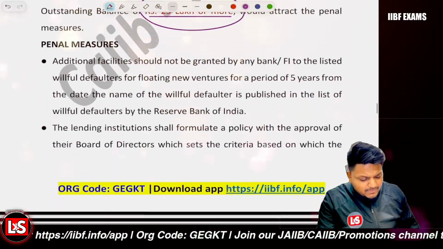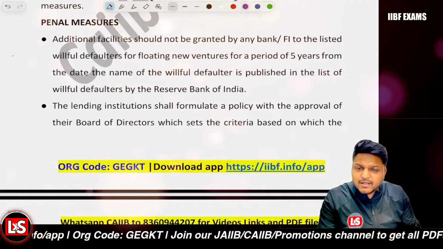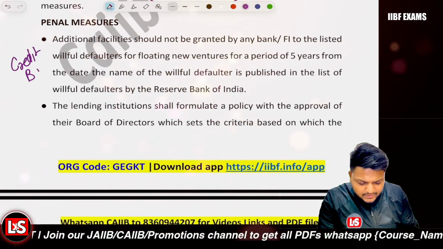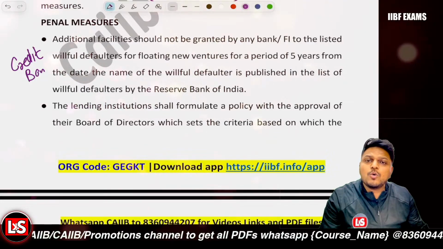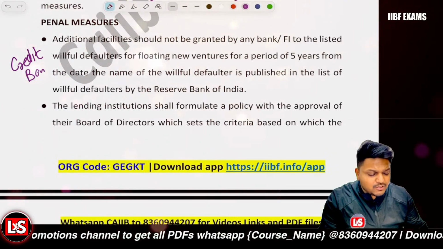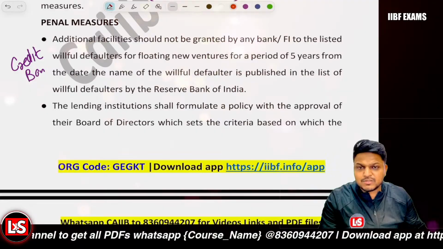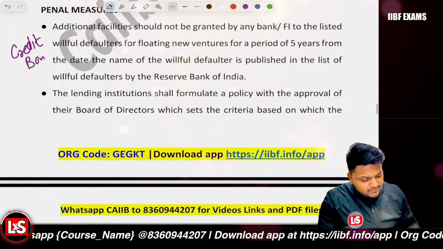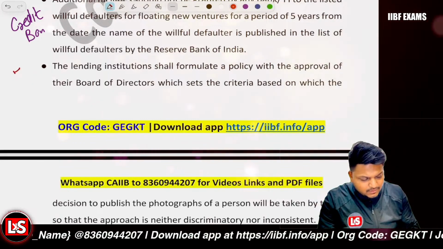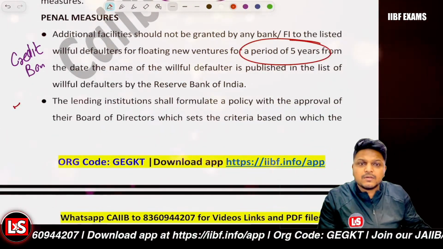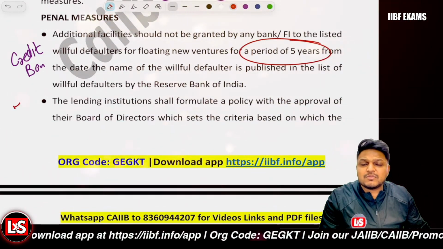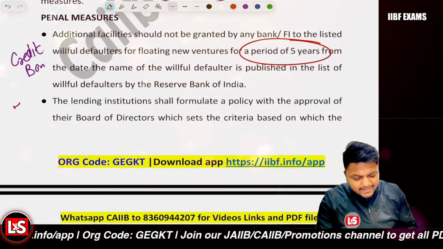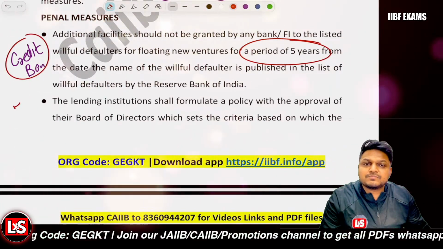So there are some penal measures. The first one is related to the credit ban. No additional facilities will be sanctioned from the bank or financial institutions, and particularly for the 5-year period from the date of publication in willful default, this credit ban will be imposed.